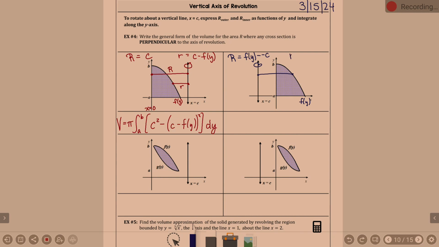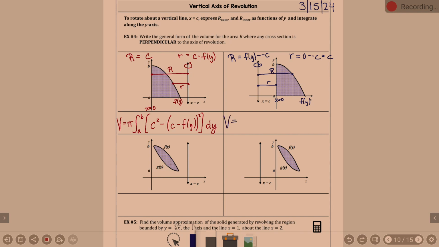That was big R. So little r is the distance from x equals c to x equals 0. So it's 0 minus negative c, which is c. Think 0 minus negative c, which is a distance of c.